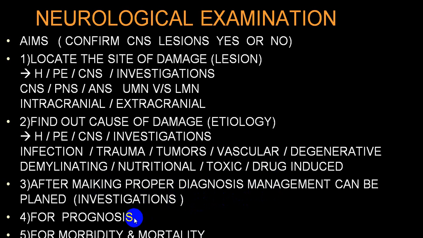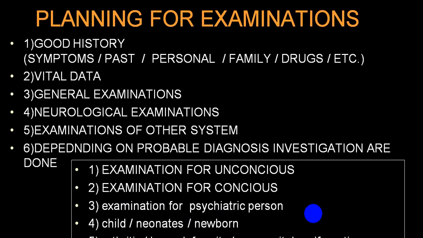And then you can also know the prognosis of that disease and what will be the morbidity and mortality. All this can be identified once you make a complete thorough diagnosis.